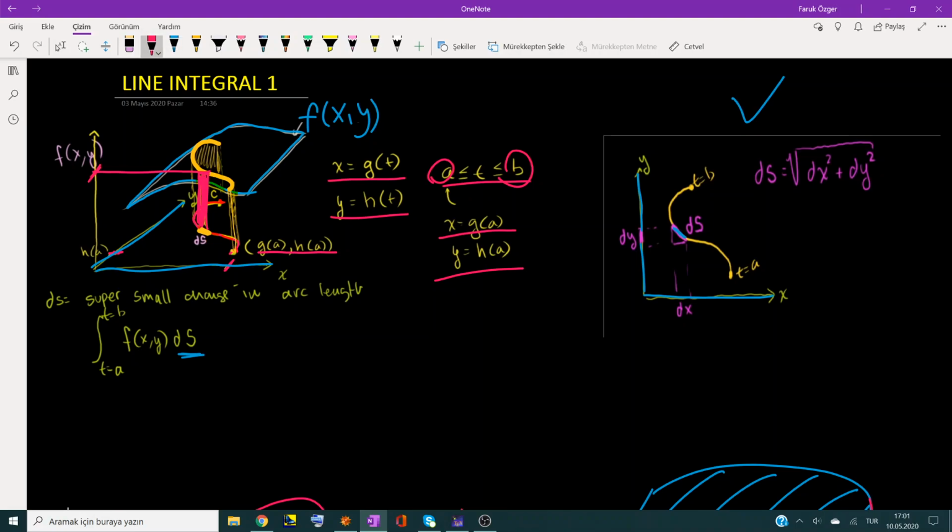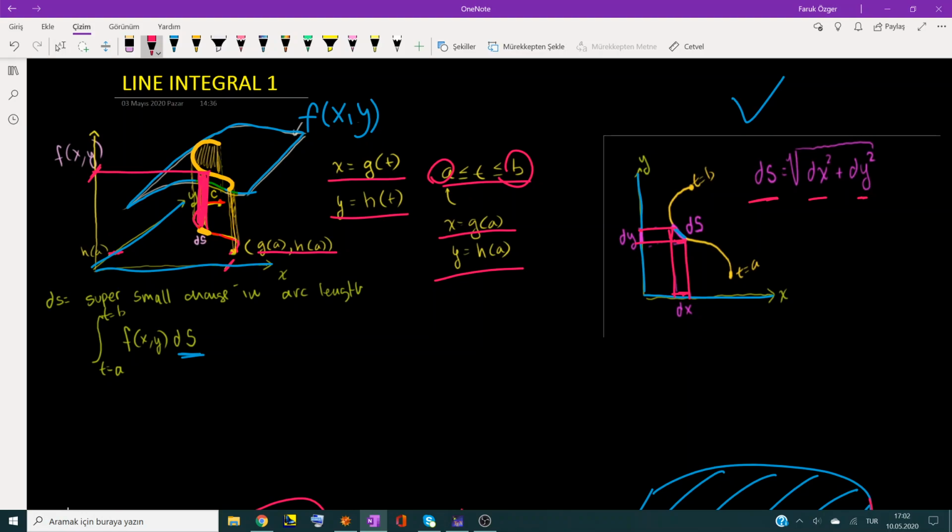Since you have the x-axis, this length is called dx, and this length is dy. The change in the x-axis is dx, the change in the y-axis is dy, and by the Pythagorean theorem, ds is the square root of dx square plus dy square.